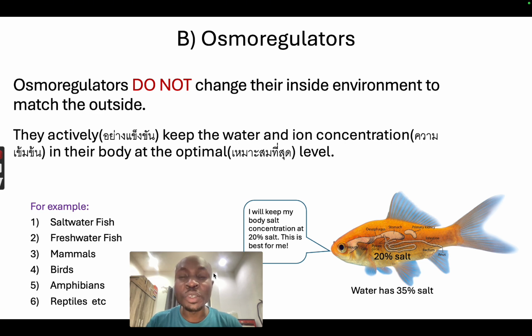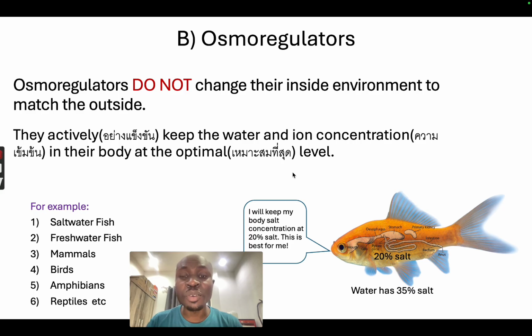Osmoregulators do not change the inside environment to match the outside. They are the opposite of osmoconformers. They use energy to actively keep the water and ion concentration, the salt concentration, in their bodies at an optimal level, at a normal level.